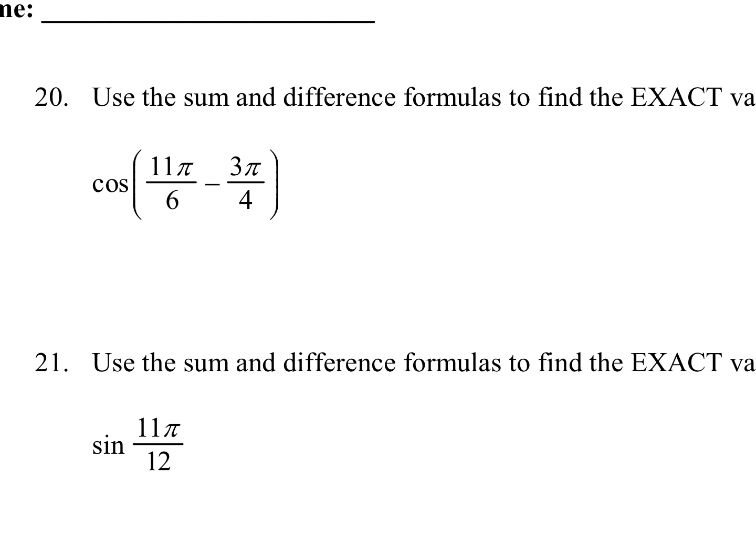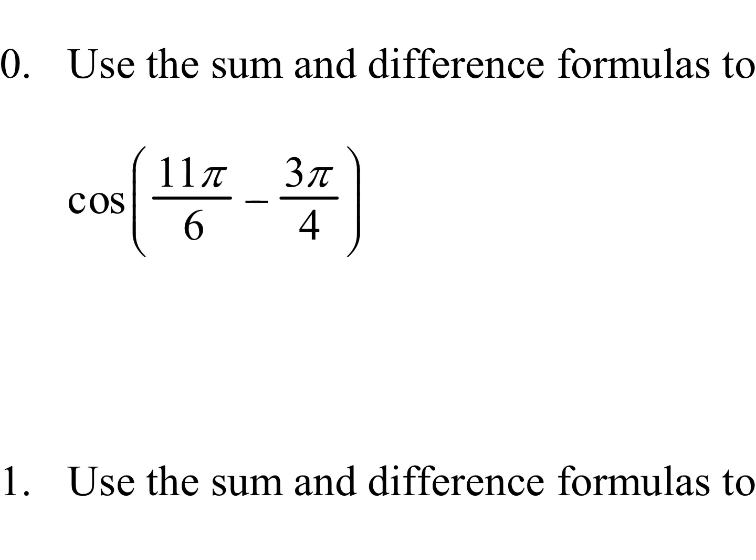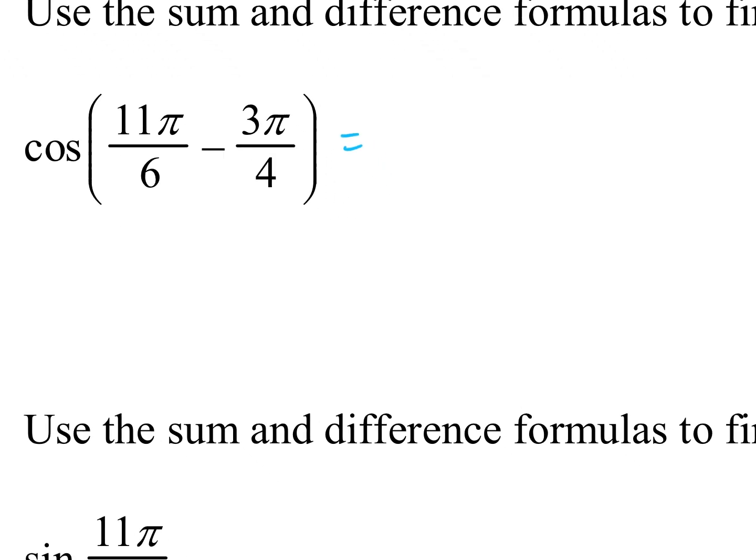These are not on the unit circle. One of them is. They are both on the unit circle. Perfect. So what would I need to do first? I'm going to plug it into the formula. So I have the cosine and minus 1. So that would be cosine of u times cosine v plus sine u sine v.